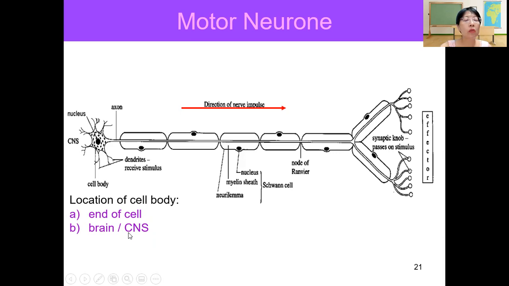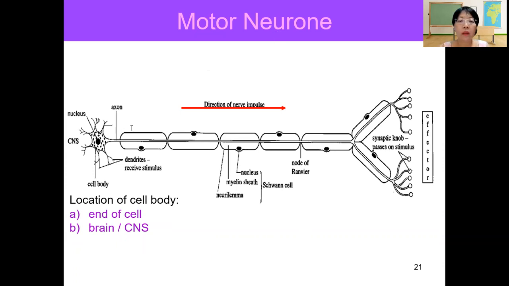It can also be located in your spinal cord. Now, bear in mind, when you use the words central nervous system, it means the brain plus your spinal cord. So I think a more accurate answer should be either the brain or spinal cord. Or you write CNS. Brain and spinal cord, or CNS.